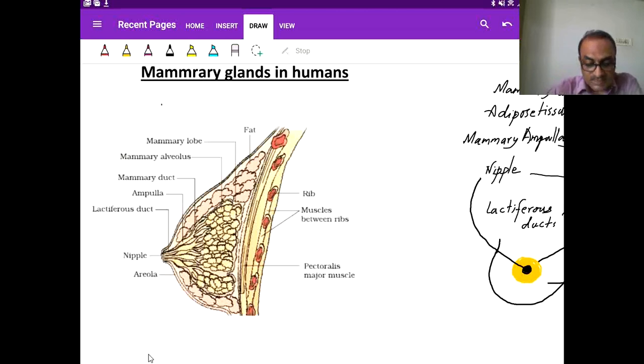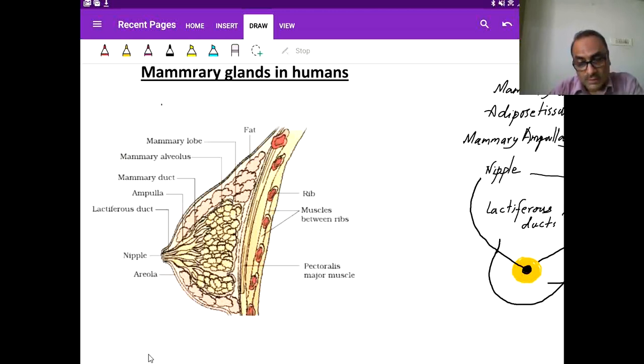Okay, now let us see what mammary glands are, what is the detailed structure of a mammary gland, and how it functions. The diagram you see on the screen is the NCERT diagram. You are familiar with that? It's a section through the mammary gland.